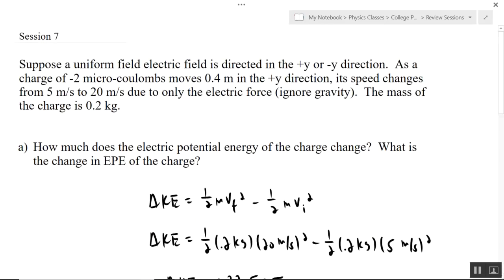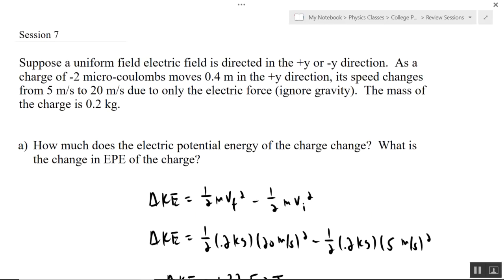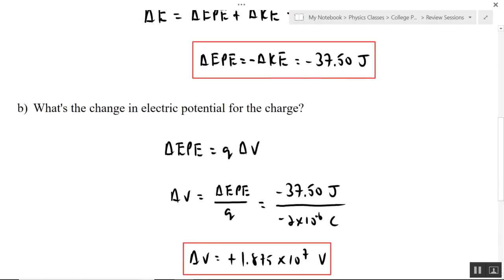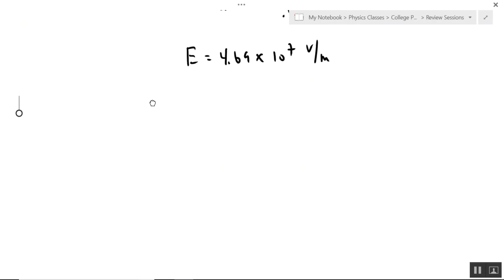So this charge is moving in the positive y direction. To get a positive delta V, that means the electric field is in the negative y direction, correct? I'll write that down, then I'll sketch it out because it may be easier to see with the sketch.